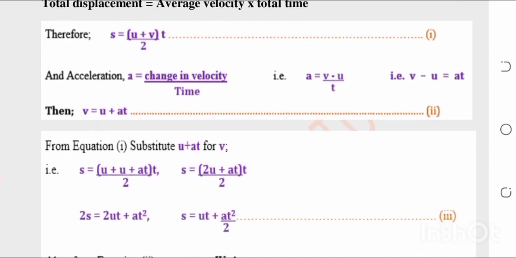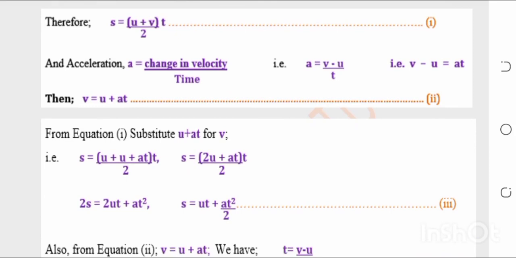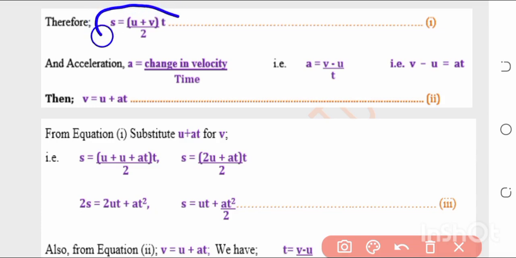On the screen, from equation 1, we have to substitute u plus at for v. In equation 2 we derived v to be equal to u plus at, so we can replace v in equation 1 by u plus at.